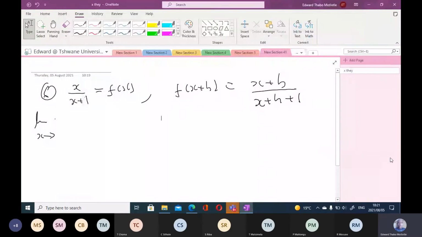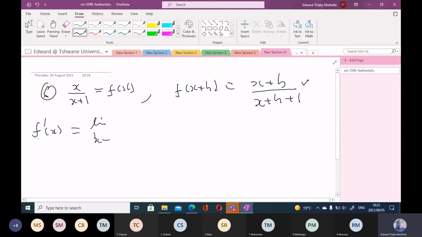On number 6, we are given f(x) equals x over x plus 1. Now I'm determining f at x plus h, which will be equal to this. Now let me write it in detail nicely. We are looking for f prime of x, which is equal to the limit as h approaches 0 of f(x plus h) minus f(x) all over h.